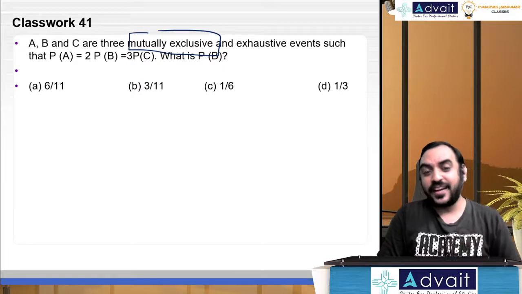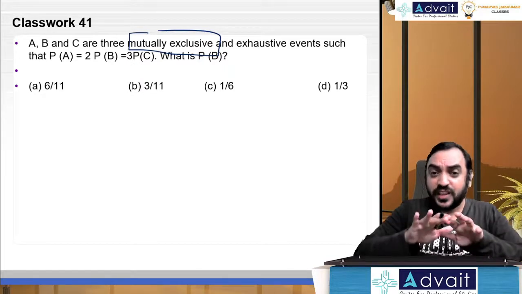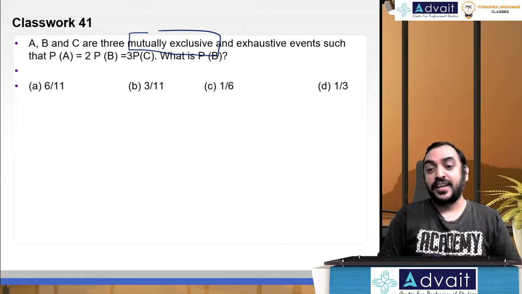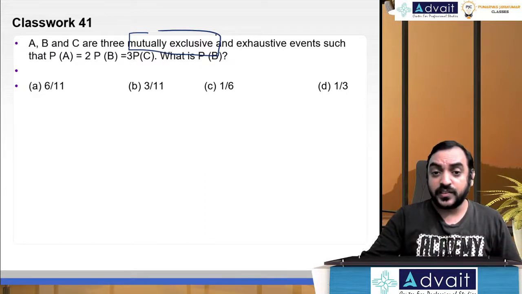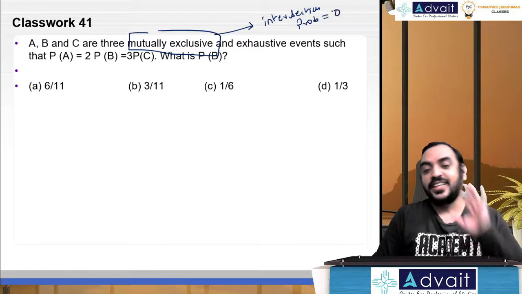They will be 0, right? Mutually exclusive means they cannot happen simultaneously, so the intersection probabilities are 0.